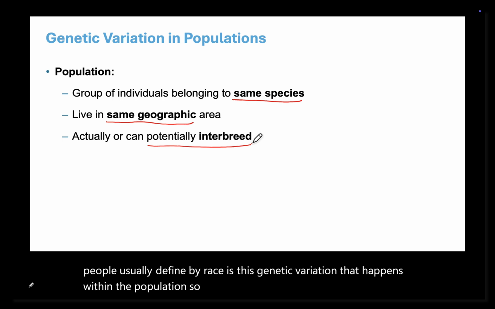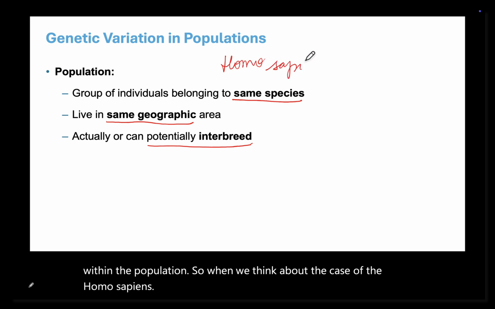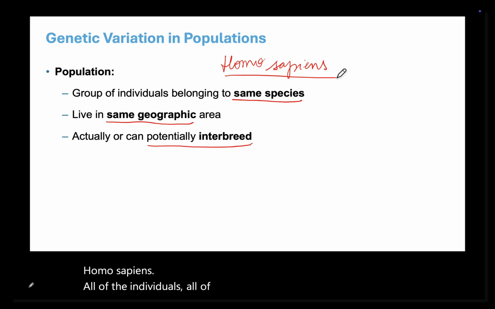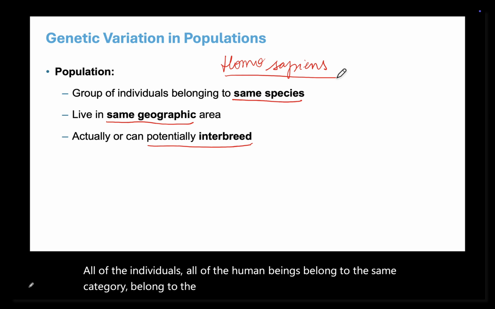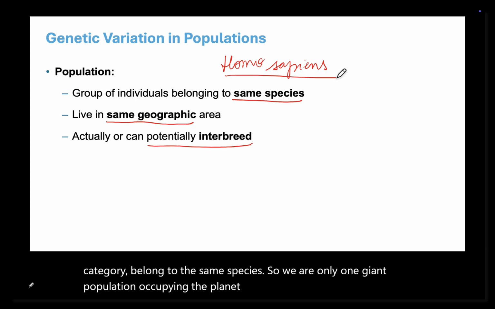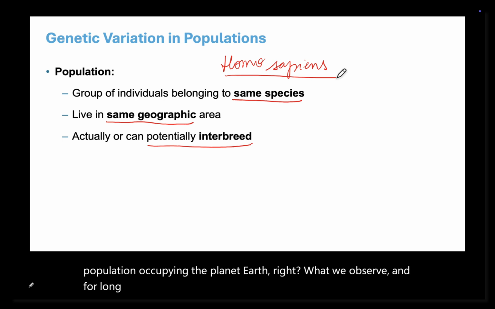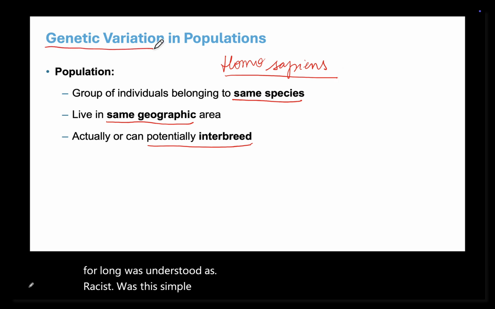When we think about Homo sapiens, all of the individuals, all of the human beings, belong to the same category, the same species. So we are only one giant population occupying the planet Earth, right? What we observe, and for long was understood as races, was this simple genetic variation that happens in those populations.